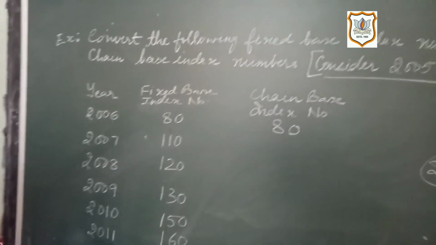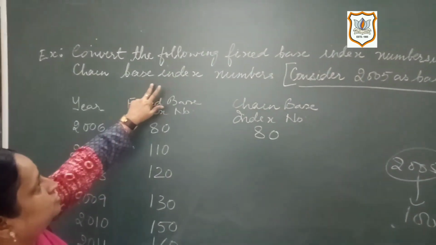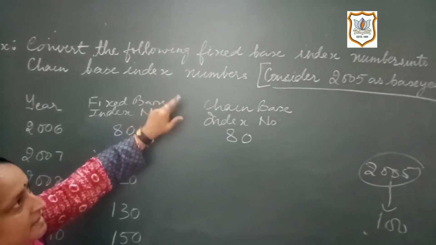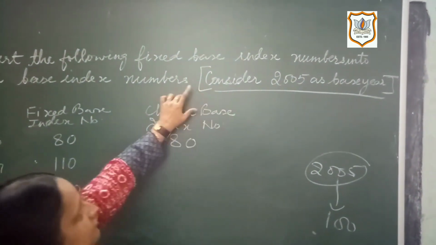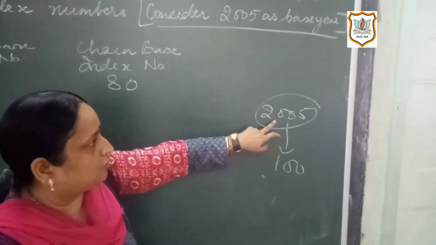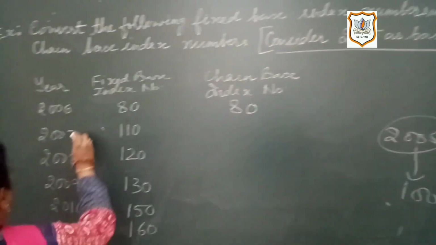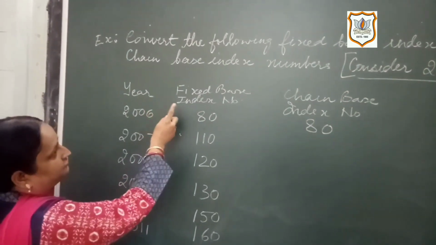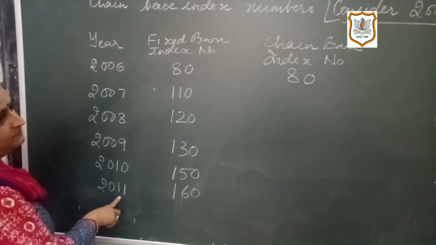Let us take another example of converting fixed base index number into chain base index number. Here, consider 2005 as base year is given in the question. Now what is the meaning of this? The index number of 2005 should be taken as 100. Now here the index numbers which we have to convert are given from 2006 to 2011.